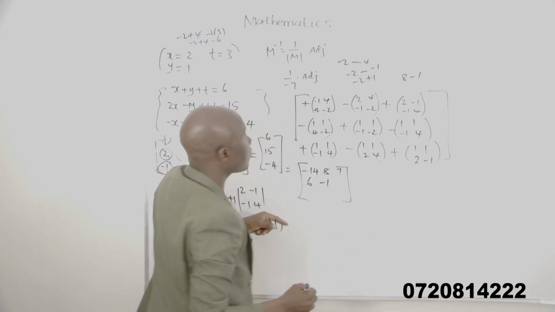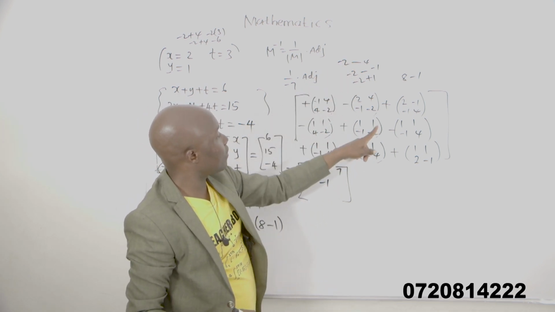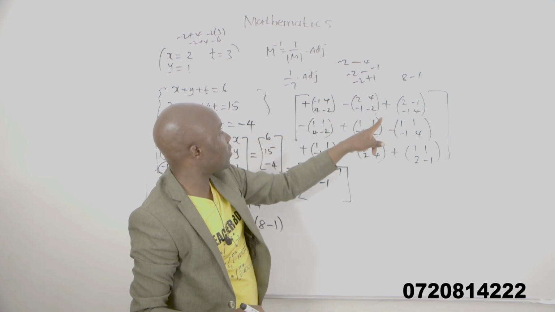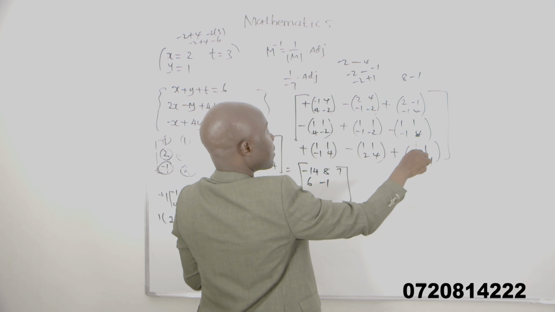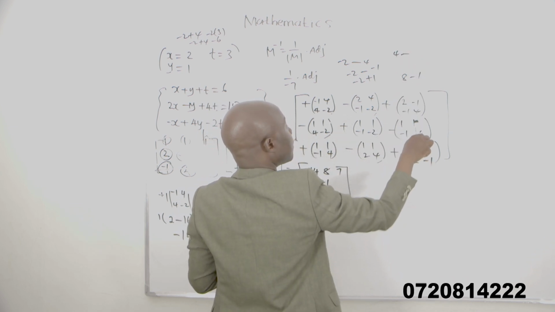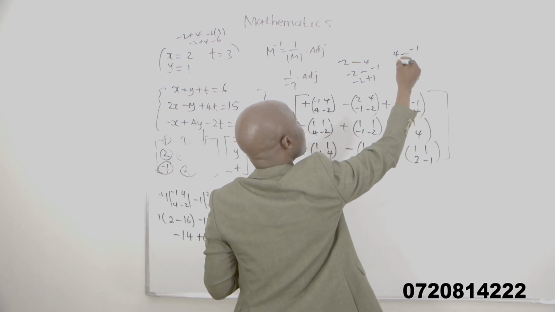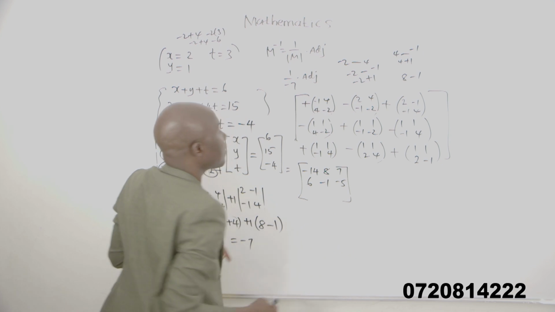So we put here negative 1. Here we take 4 times 1, which is 4, plus 1, which is 5. But remember, it's a minus 5.